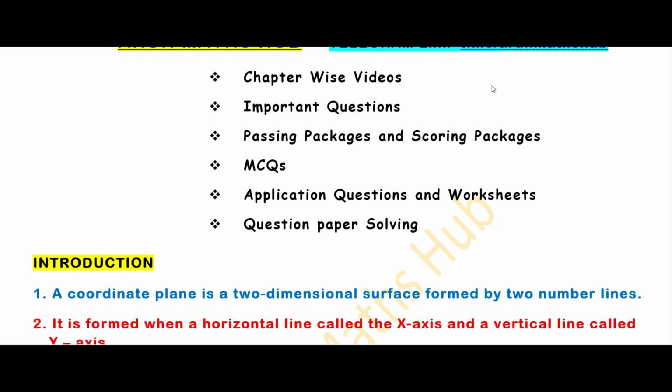I'll try to finish the portion as soon as possible, and we'll try to revise as many question papers as possible, so that you can score good marks in your exam. Maths you can learn by practicing more questions. I'll try to solve as many questions as possible after finishing the portions.